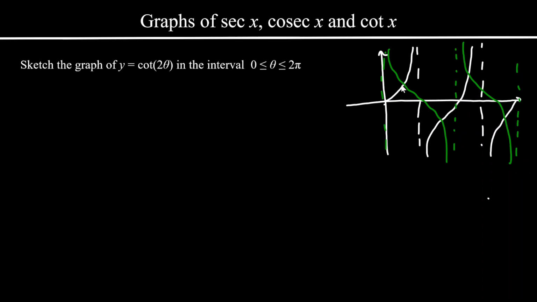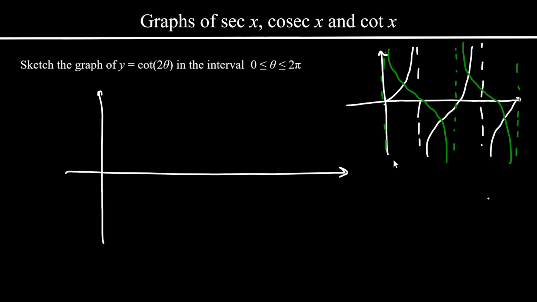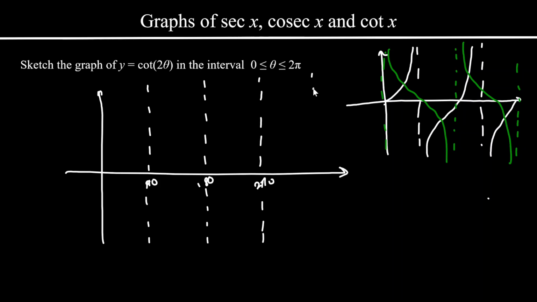Instead of repeating every 180 degrees, it's going to repeat every 90 degrees. So for the asymptotes, the one that was at 180 is now going to be at 90, and the one that was at 360 will now be at 180.